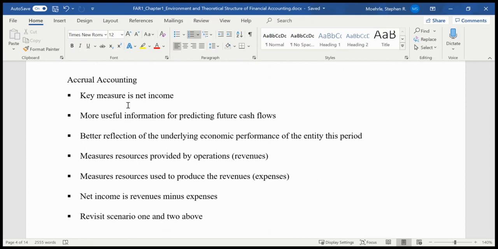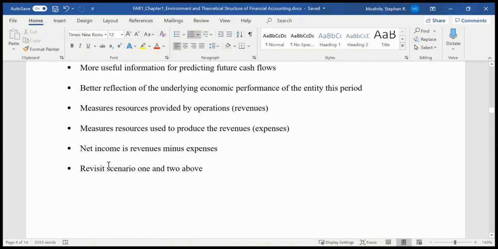It's a better reflection of the underlying economic performance of the entity in this period. It measures resources provided by the operations, we're going to call those revenues, and it measures resources used to produce those revenues, which we call expenses. Net income is those revenues minus those expenses.